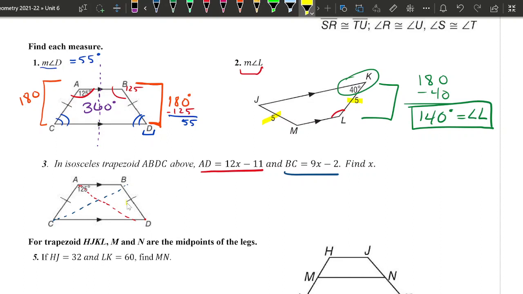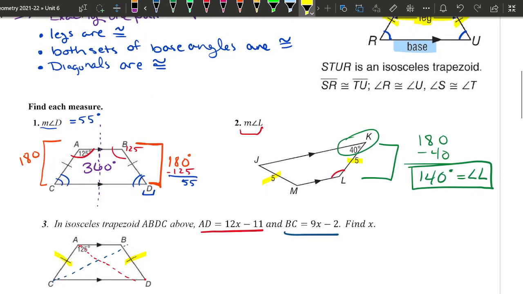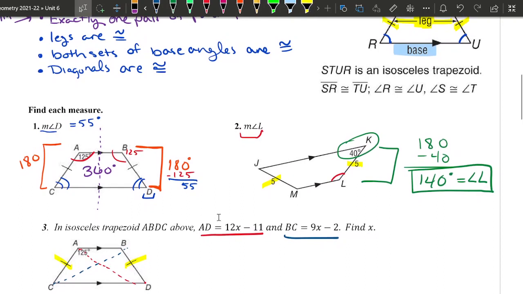And because we have this marked as isosceles, we can look at the properties of isosceles trapezoids, and it tells us that the diagonals are congruent. So because diagonals are congruent, we can set AD equal to BC. So 12x minus 11 equals 9x minus 2.